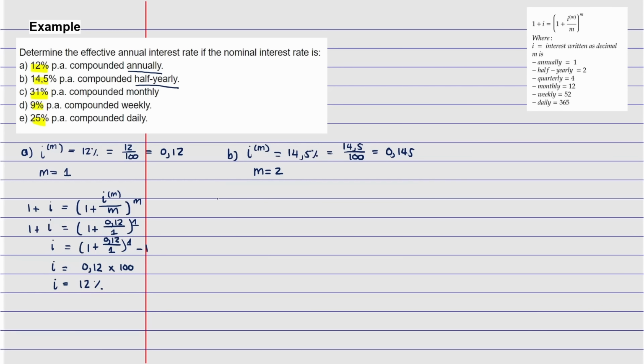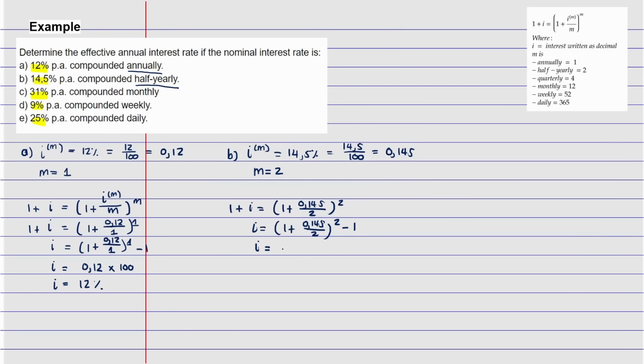So let's substitute. When we substitute, it's going to be 1 plus I, which is the effective rate. Then this is going to be, open bracket, 1 plus 0.145 divided by 2, right? Then this is to the power 2. Take the 1 to the other side, so therefore I is equal to 1 plus 0.145 divided by 2, to the power 2, but minus 1.